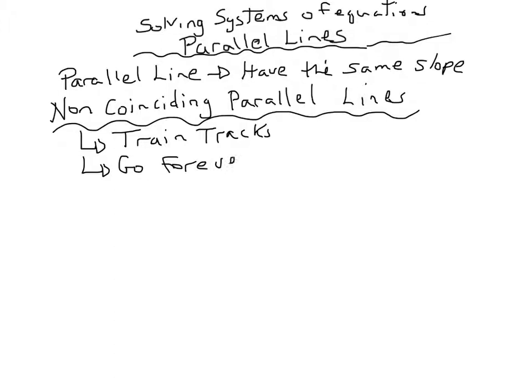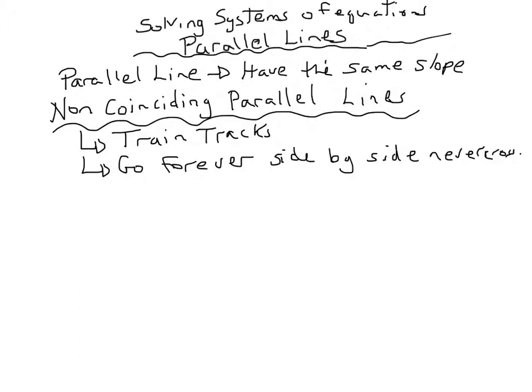Everything is in a straight line here, we're just dealing with linear equations. But they go forever, side by side, never crossing. If you picture train tracks in your brain, they're the same distance apart the whole way, and they never ever cross. That's a non-coinciding parallel line.